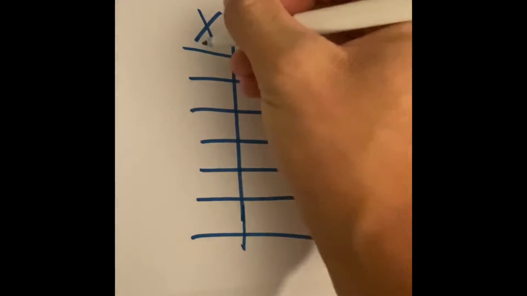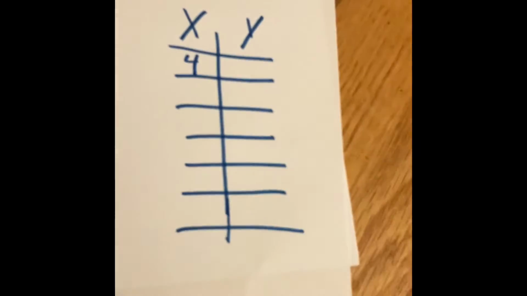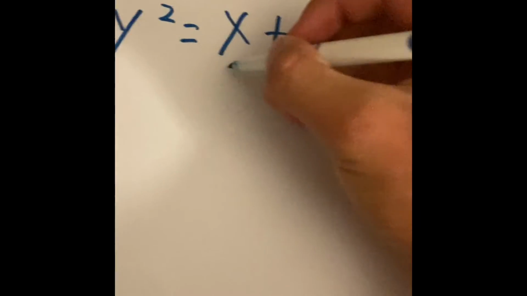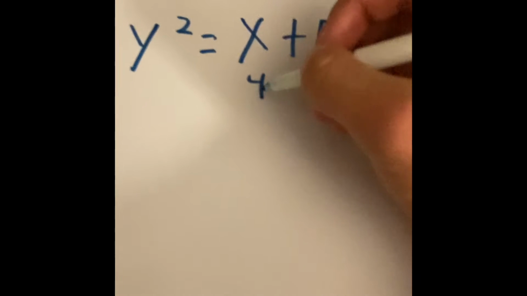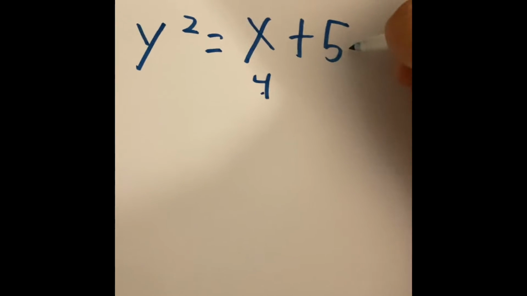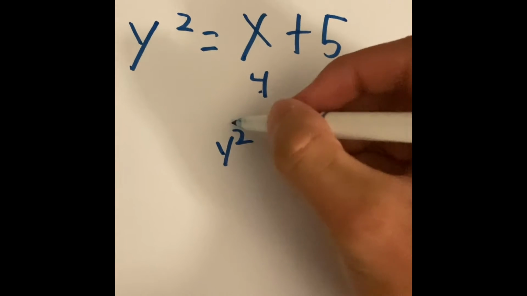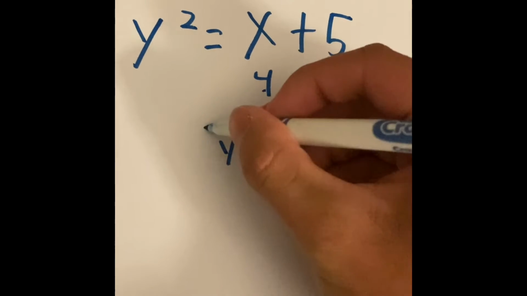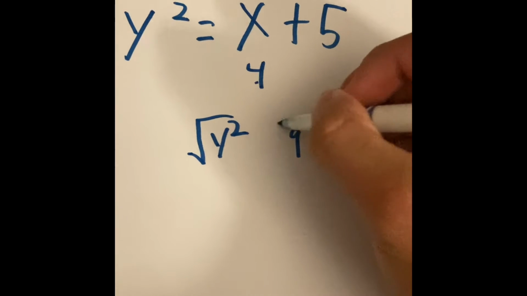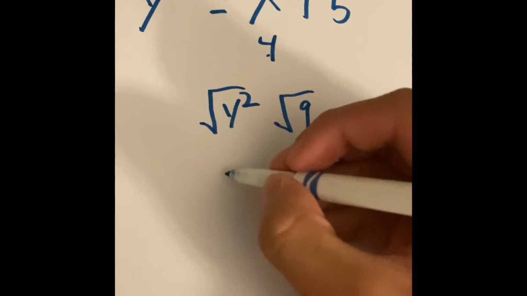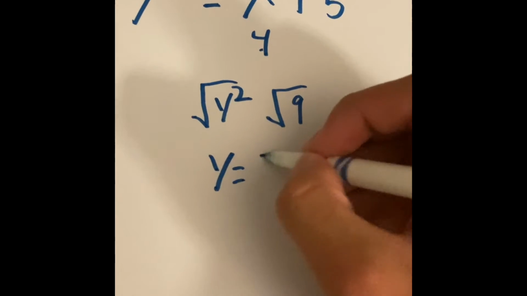So let's insert 4 in for x. 4 plus 5 is going to become 9. And y squared equals 9, so what we're going to have to do is find the square root of that. So y is going to equal 3.